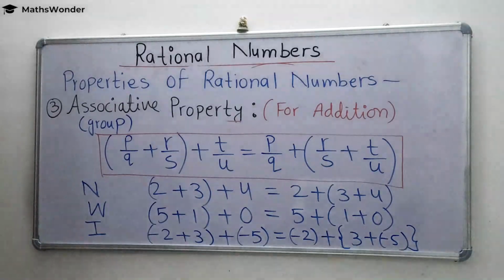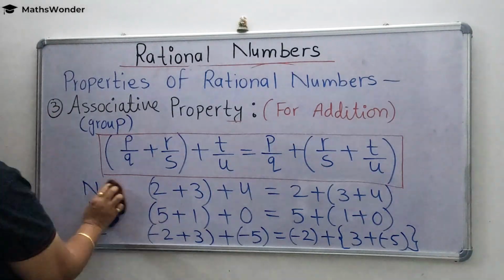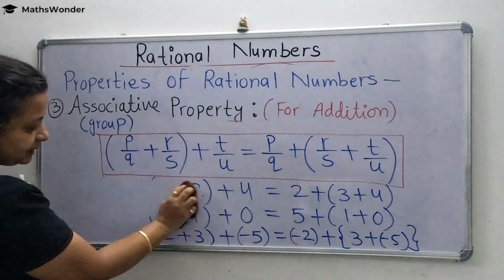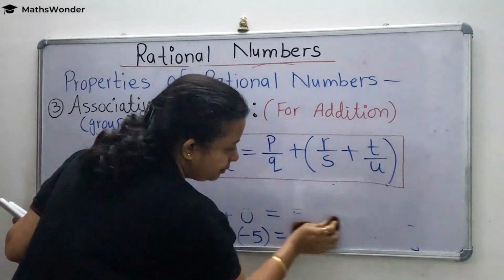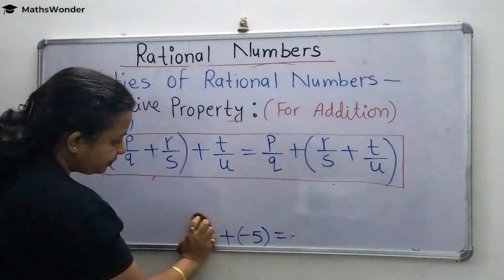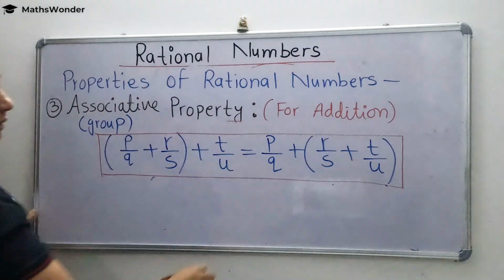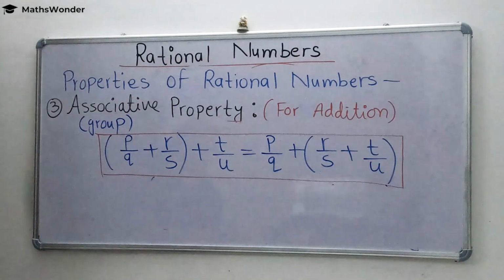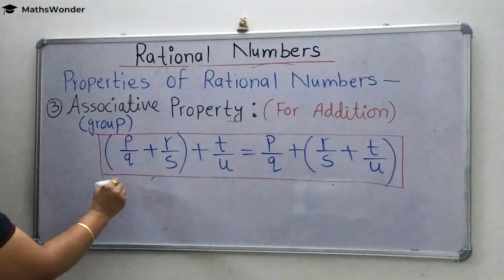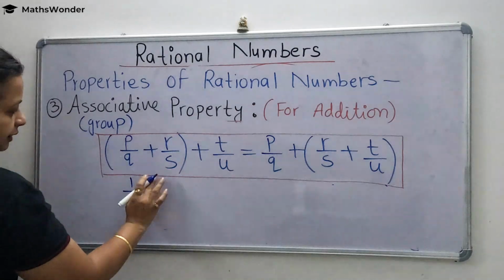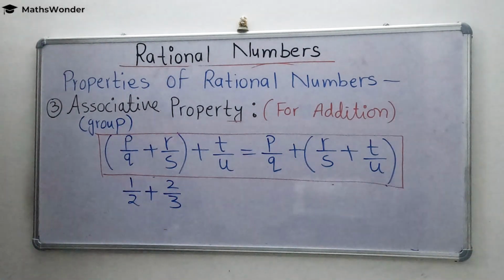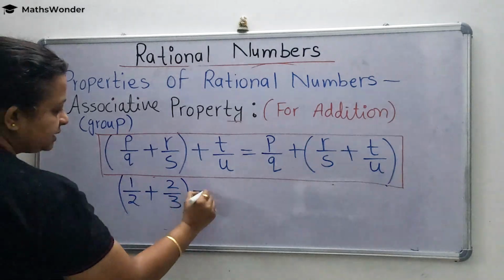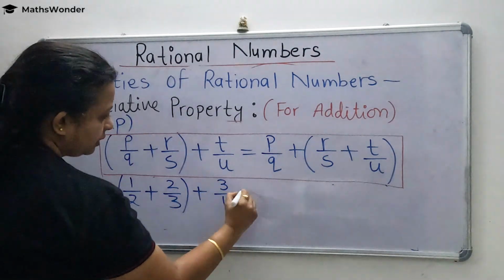Now we will work on rational numbers. Is it also the same if you change the order? So the question is 1 over 2 and 2 over 3, this is one parenthesis, and the other is 3 over 4.